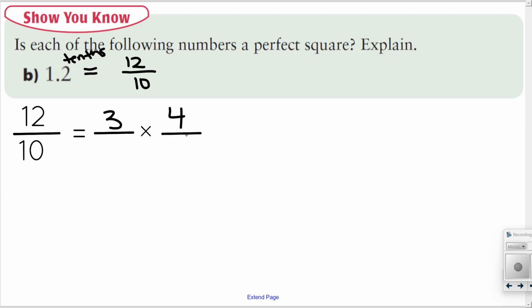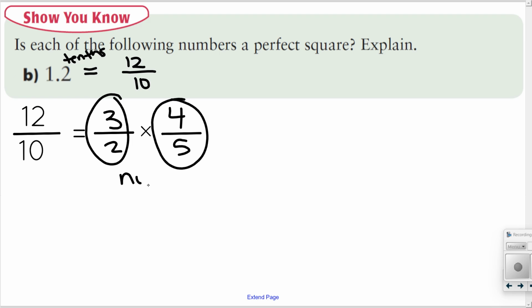So you can see there is no combination. Same thing in the denominator, 10 is 1 times 10, not identical, or 2 times 5, also not identical. So since these are not identical factors, I know that 1.2 is not a perfect square.